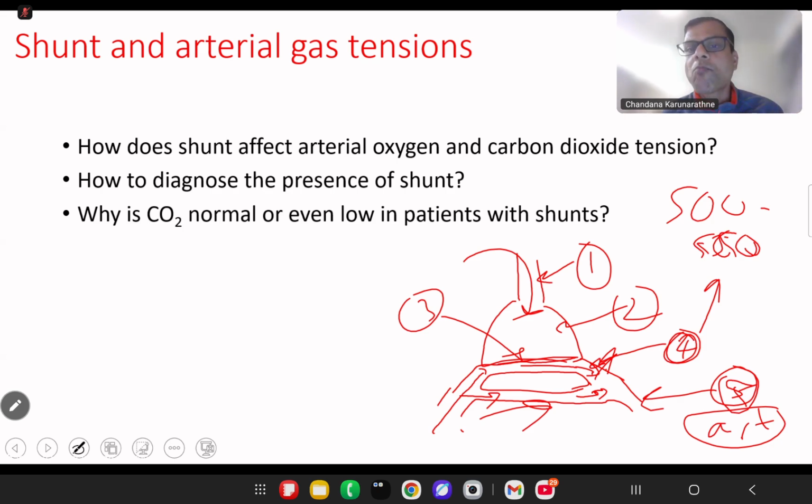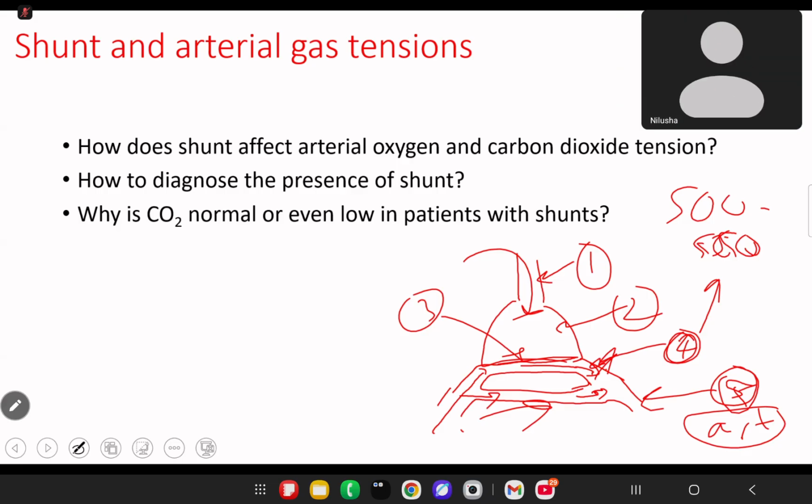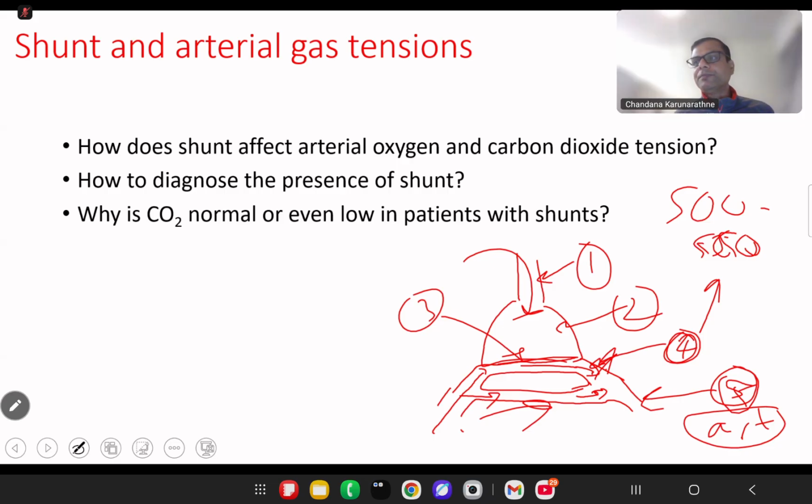Why can we not improve oxygen like this? It is because of the, not involving gas exchange. Yeah, that is the reason.